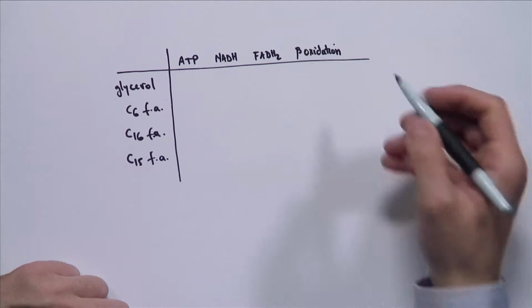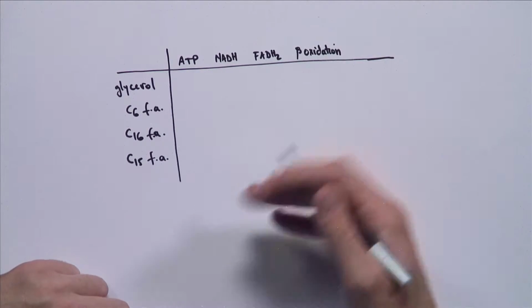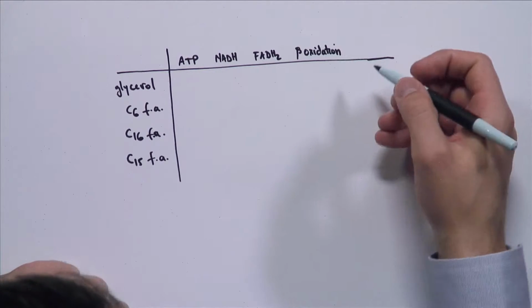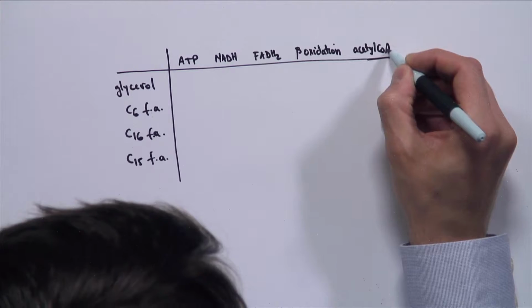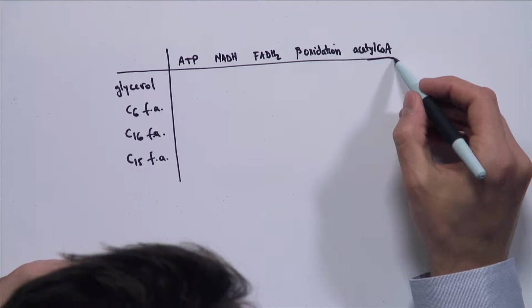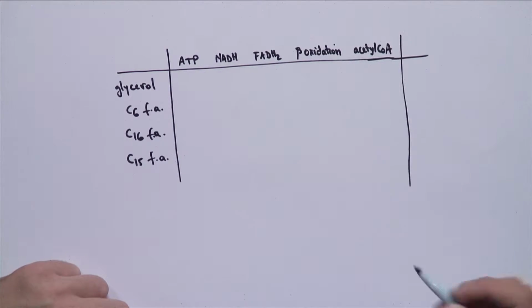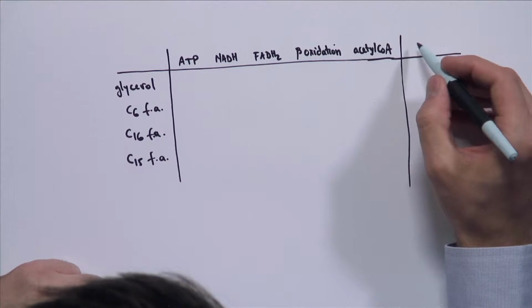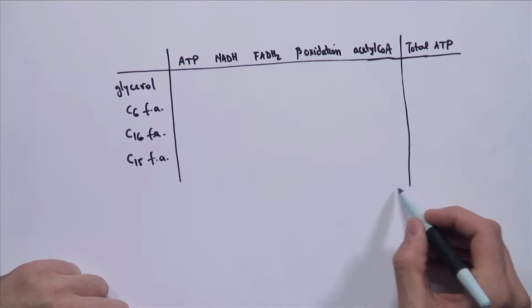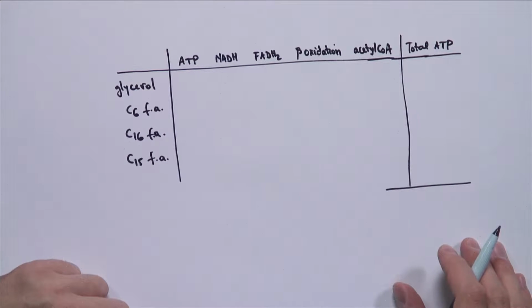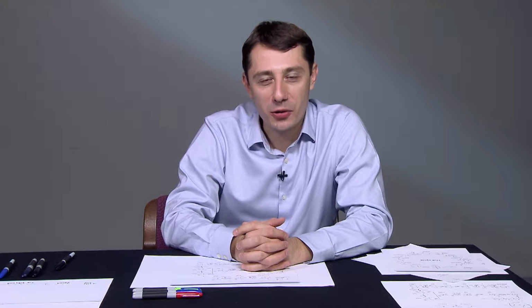And pretty much every single molecule, when it's burned completely, is going to generate first acetyl-CoA. Here we're going to tally up the total amount of ATP for each one of them, and then we're going to tally up for the entire molecule. So let's start with the glycerol molecule.